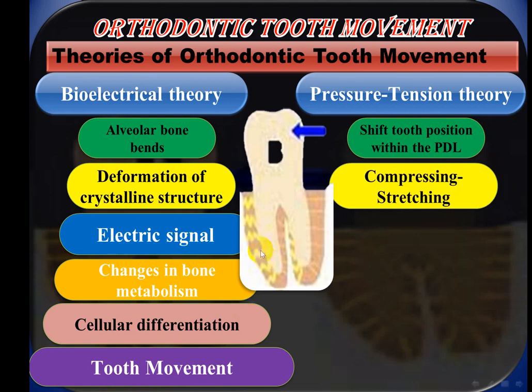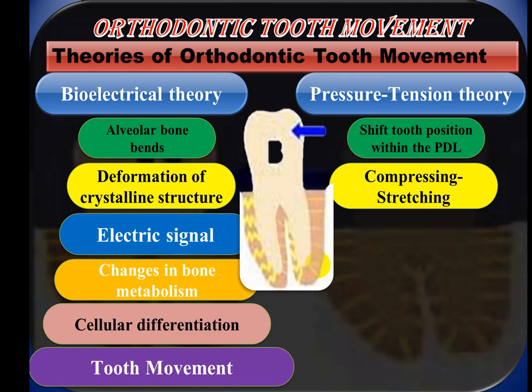You can see here, on the left side of the tooth, there is a shortening in the length of the collagen fibers, so it is called the compressing PD ligament, or pressure side. On the other side, the right side of the root and the side of force application, there is elongation of the fibers, or stretching of the fibers, and this side is called the tension side.